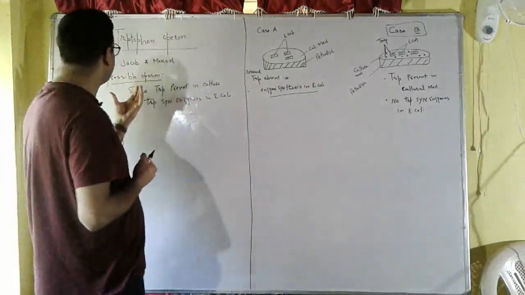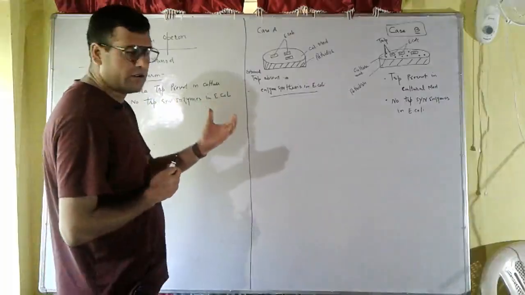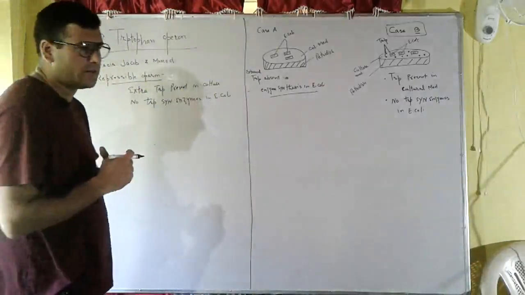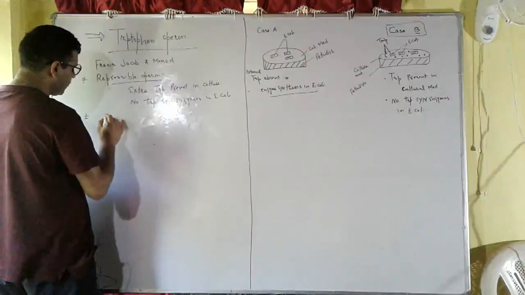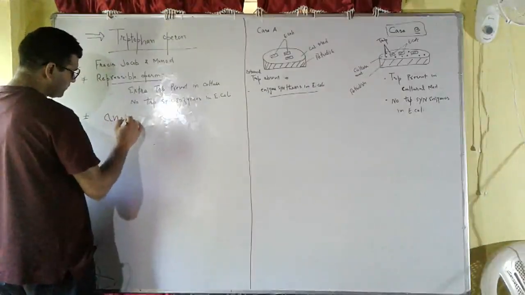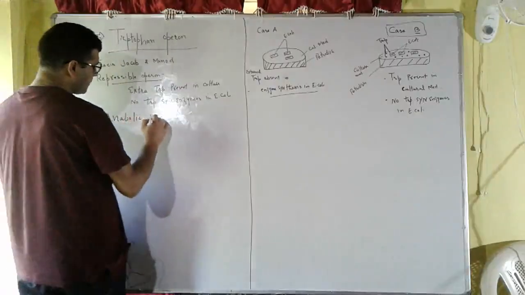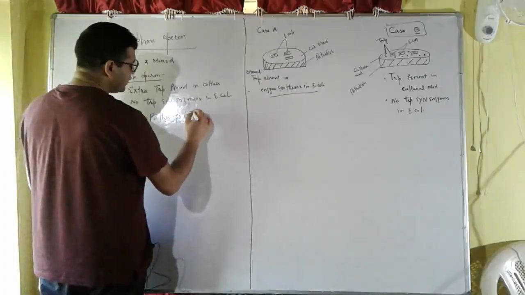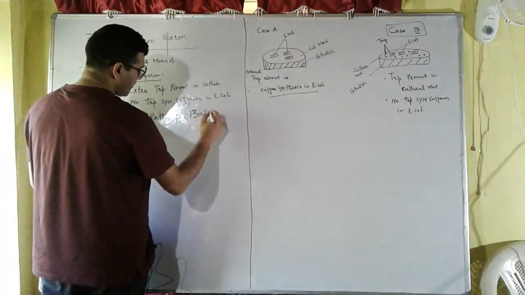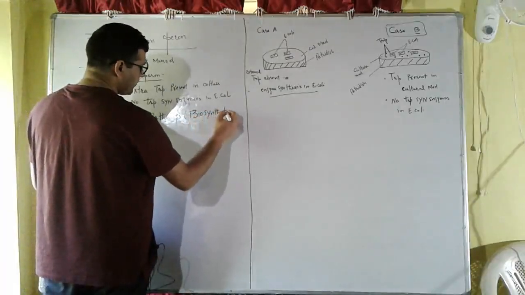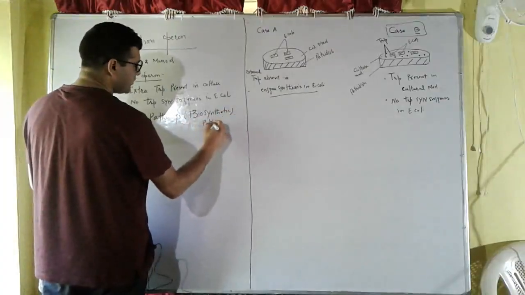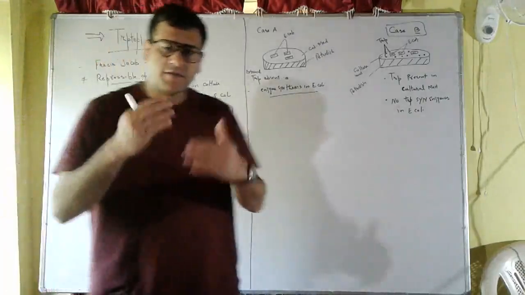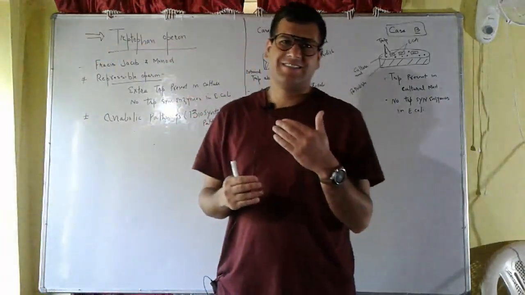The tryptophan operon, a repressible operon, mostly operates in anabolic pathways, that is, biosynthetic pathways, because in the tryptophan operon, tryptophan is synthesized.